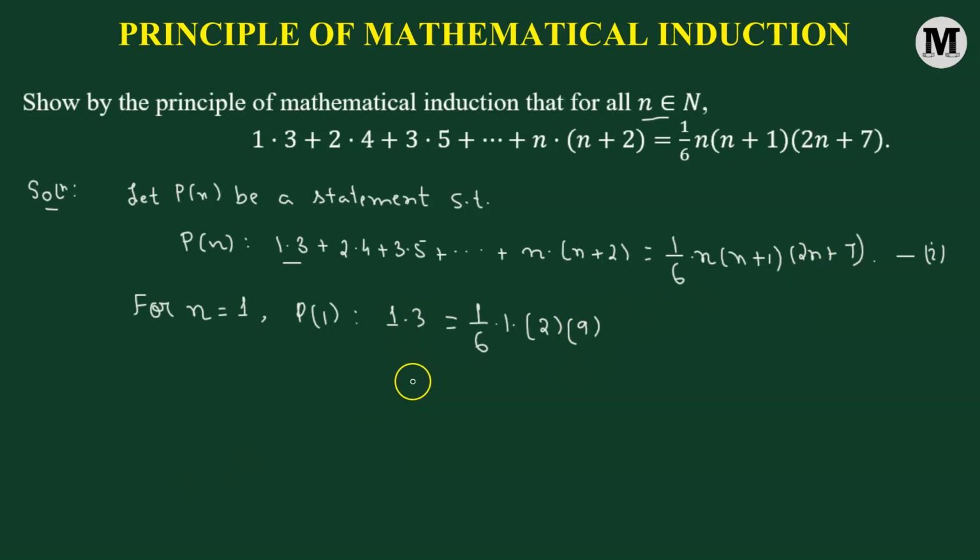So 1 times 3, that's going to be equal to 3. Now 2 times 9, that's 18, and we have division by 6, so 18 divided by 6 is going to be 3. Since we're getting 3 equals 3, this tells us that the statement P of n is going to be a true statement if we choose n equal to 1. So that means it comes out to be true for n equals 1.